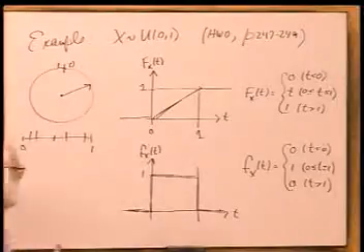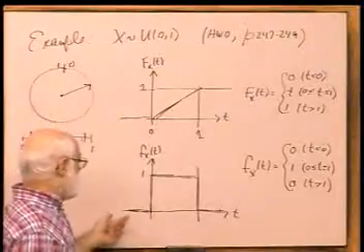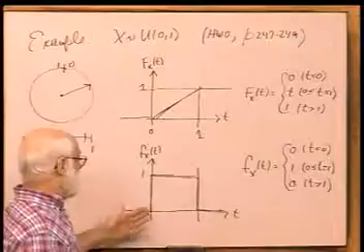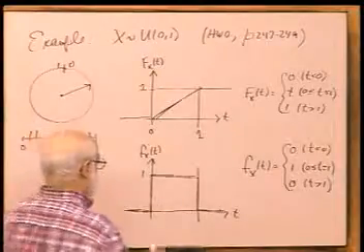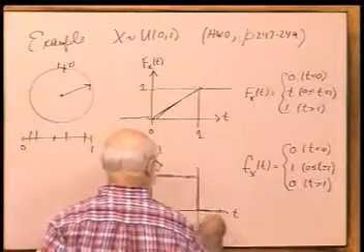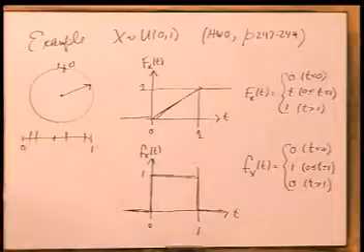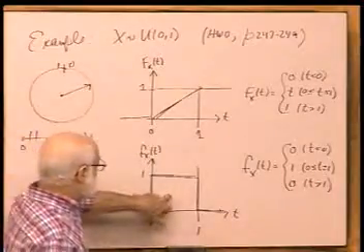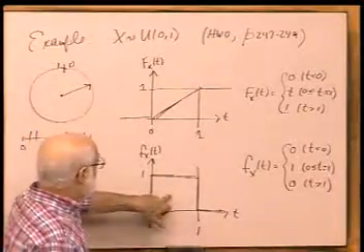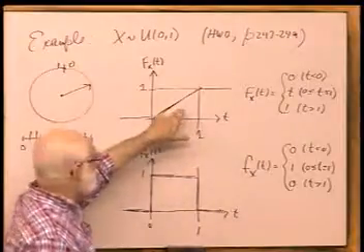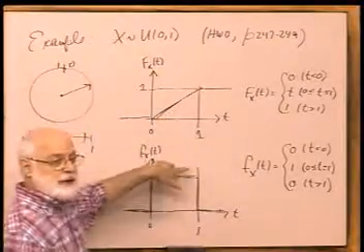The density function has the property that it's never negative and that its total area is 1, which is obviously true in this case. So this graph is the derivative of this graph. But similarly, this graph is the integral of this graph.